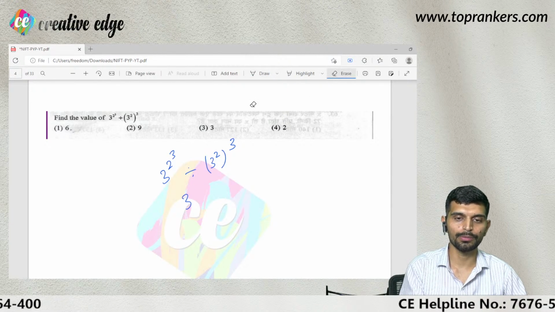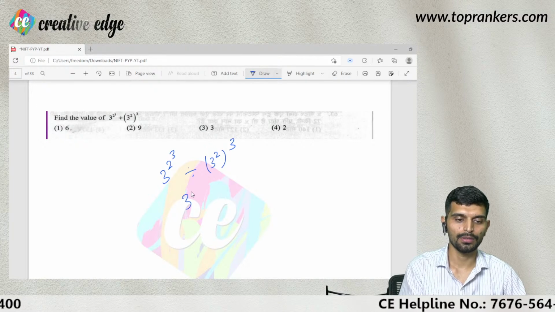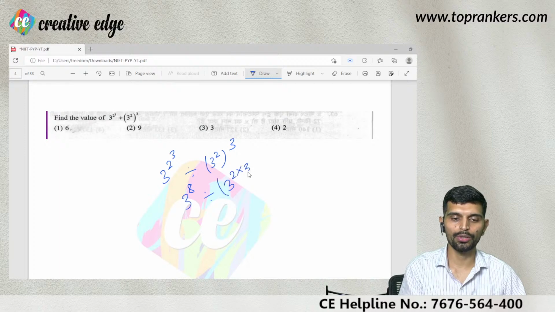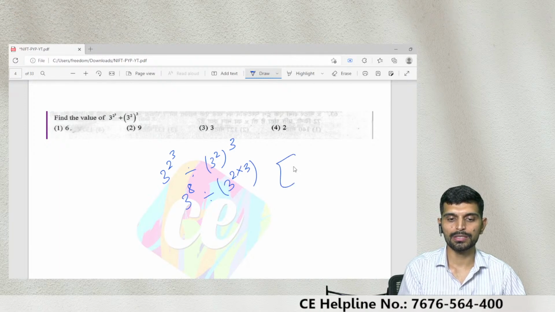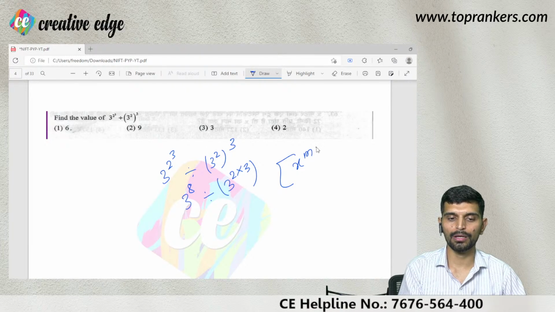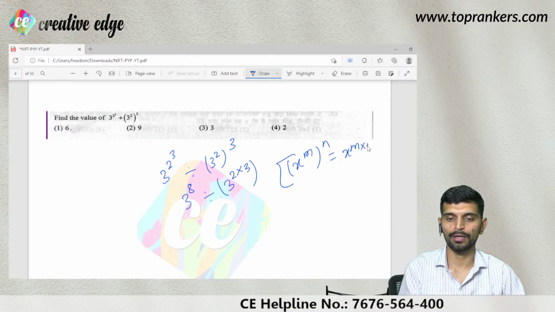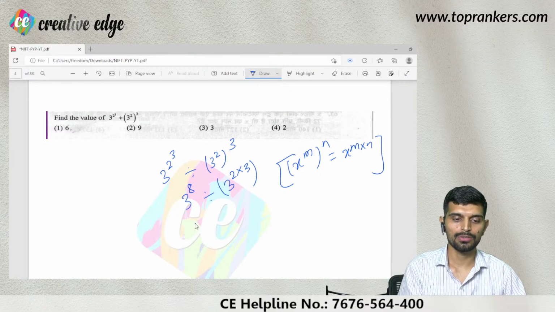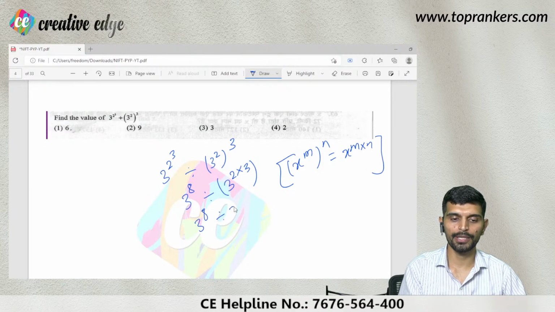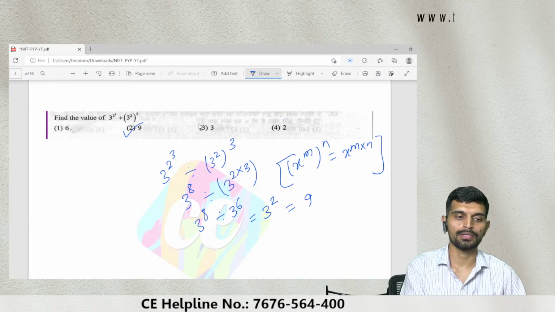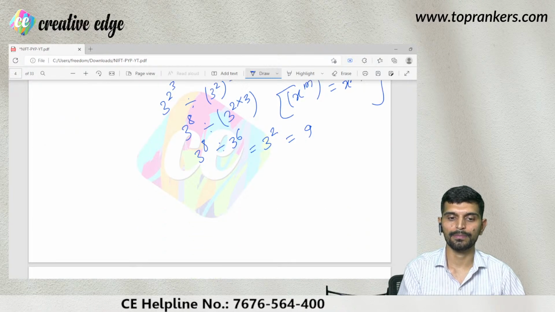So 2 to the power 3 is 8, 3 to the power 8, divided by 3 to the power 2 into 3, because (x to the power m) to the power n is x to the power m into n, right? So this is 3 to the power 8 divided by 3 to the power 6. That gives you 3 to the power 2, which is 9. Answer to this one is 9.